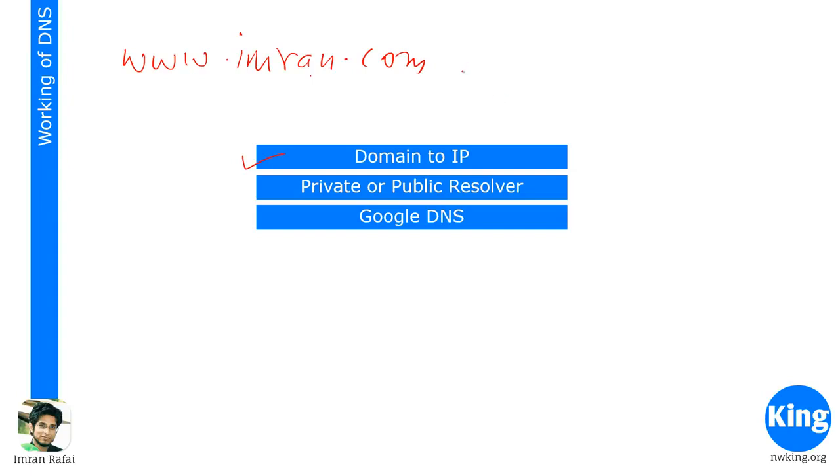As humans, we can remember names better than numbers. So if somebody types this, there should be a mechanism that converts this to the server where I have hosted that file. That is the domain name system. So the domain name system will convert the domain name to a host.